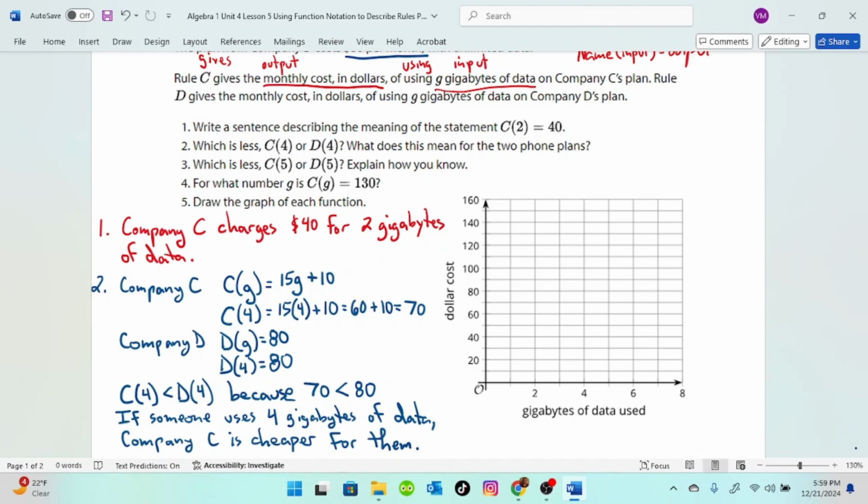Number 3. Which is less, C of 5 or D of 5? Explain how we know.